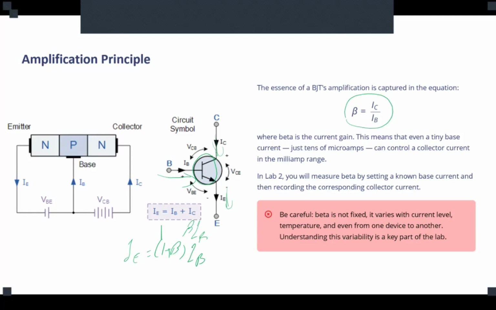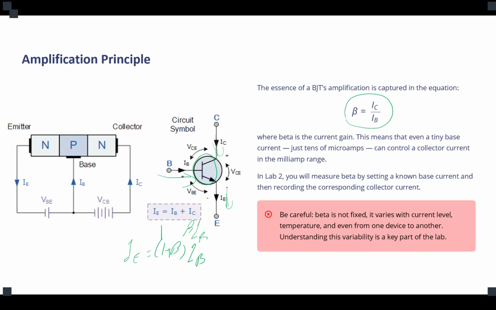Are we good? Now, in practice, the collector current is much higher than the base current because normally we have a beta above 100 or 200. For example, for the BJT that you work with, your beta is around 250.